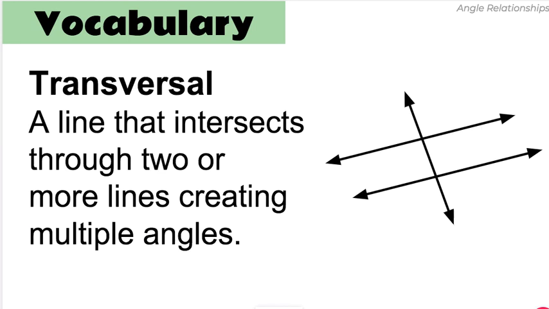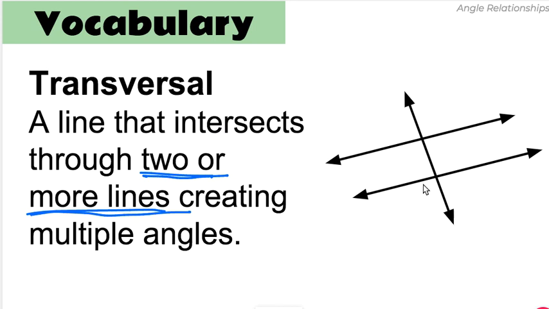Our next vocab word is a transversal, a line that intersects through two or more lines, creating multiple angles. So the key is two or more lines. There are times where you'll see an illustration and you will have to identify which of these lines is the transversal.